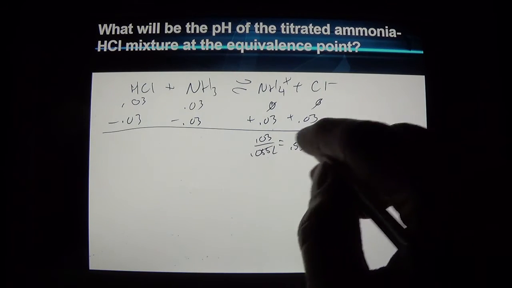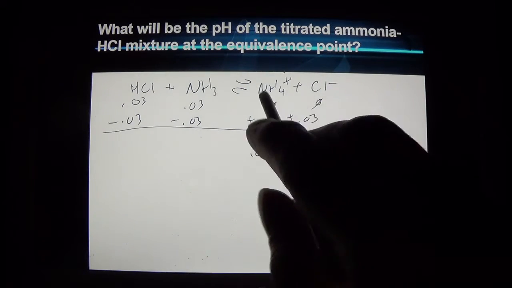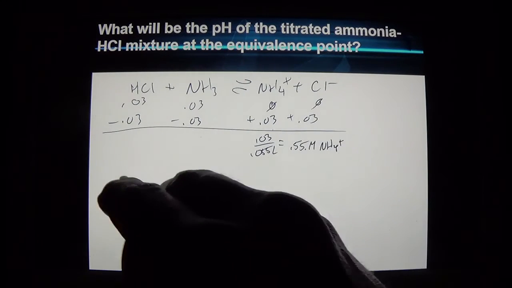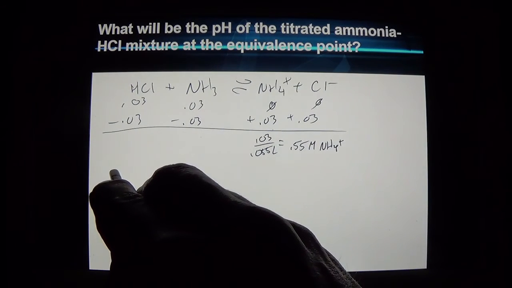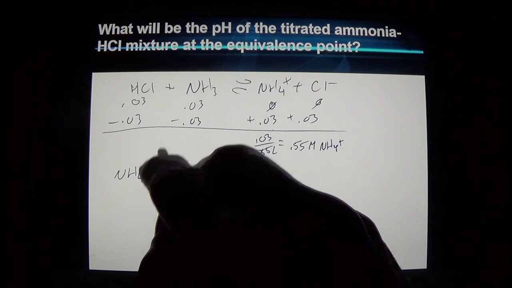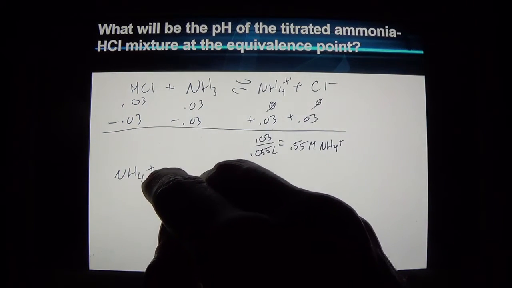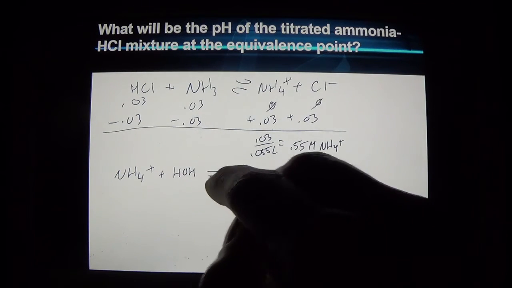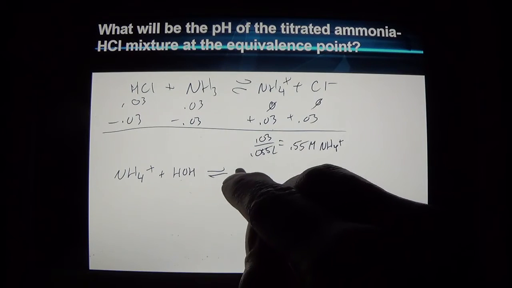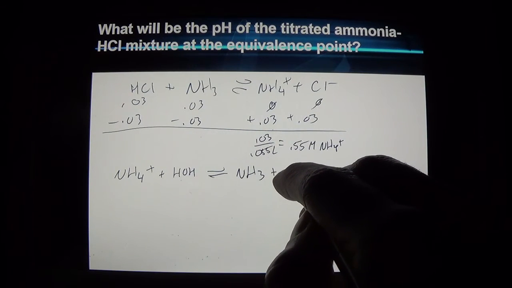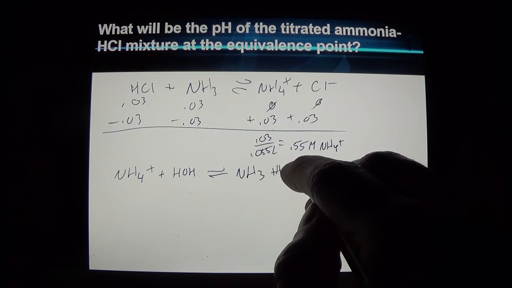Because what's going to happen? This salt, remember when we talked about can salts change pH? This salt is going to change the pH now. The ammonium, as it floats around after being made from the neutralization, is going to find some water. And it's going to donate a proton to the water and reform some ammonia and some, well, H3O plus in the process.